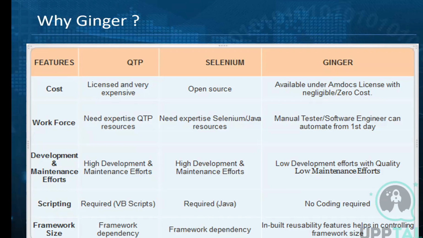The code syntax and the logic, how we build them in QTP, is quite complex, and it is also required in case of Java, that is Selenium. But as I mentioned, no coding is required in Ginger. Just a quick drag and drop kind of thing. Just shuffle your actions, run it, and definitely you will get through it.